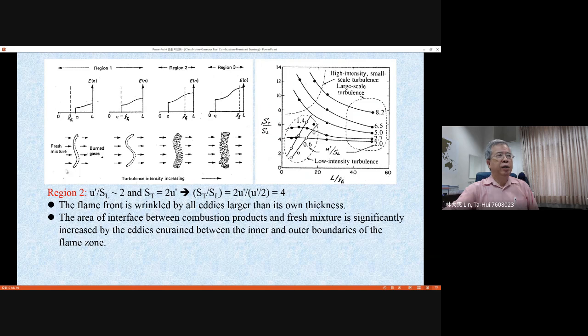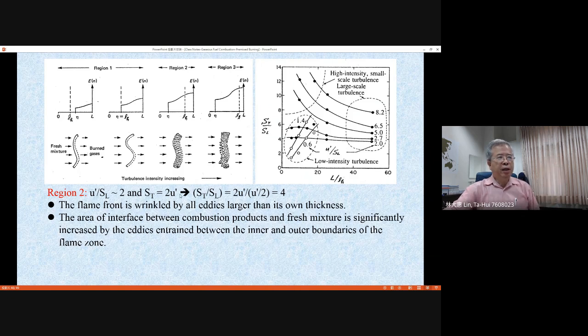And you can see from this scale comparison that LH increases, because a lot of small eddies penetrate into the flame zone and enlarge the average flame thickness.